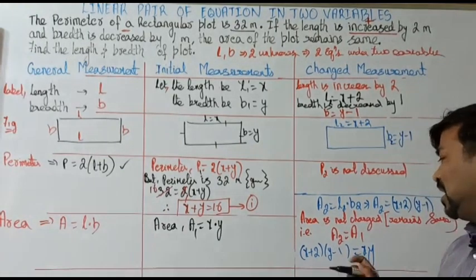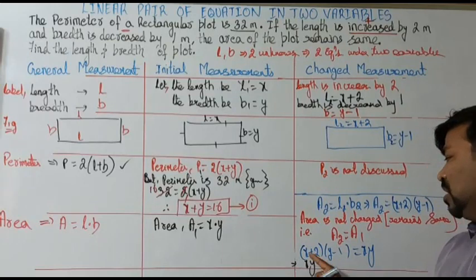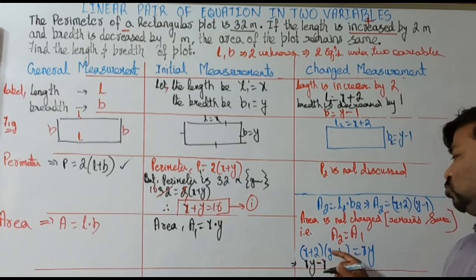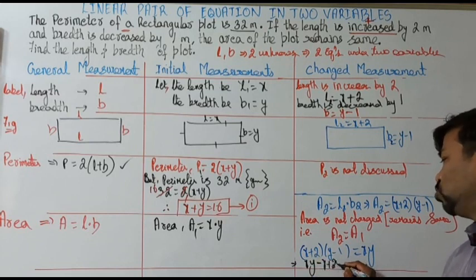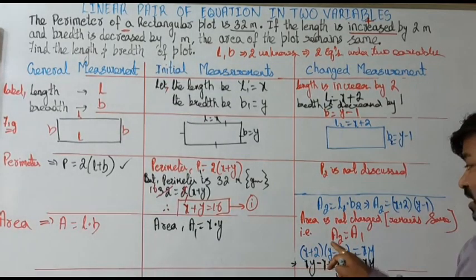Let's simplify that. X into y is xy. Now x into minus 1 is minus x. Plus 2 into y is plus 2y. Plus 2 into minus 1 is minus 2, is equal to xy. I repeat: x into y, xy; x into minus 1, minus x; plus 2 into y, plus 2y.